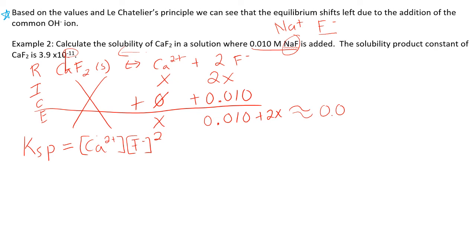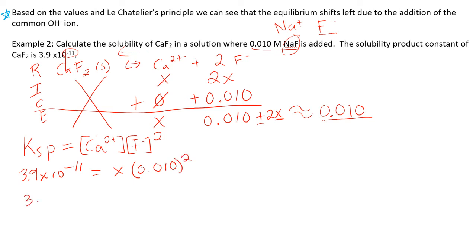We can do that because our KSP value is so small, which means that our x value here would be very, very small, meaning when we added these together, we would essentially round it to this number anyway. So our KSP, 3.9 times 10 to the negative 11th, would equal our calcium concentration, x, times 0.010 squared.